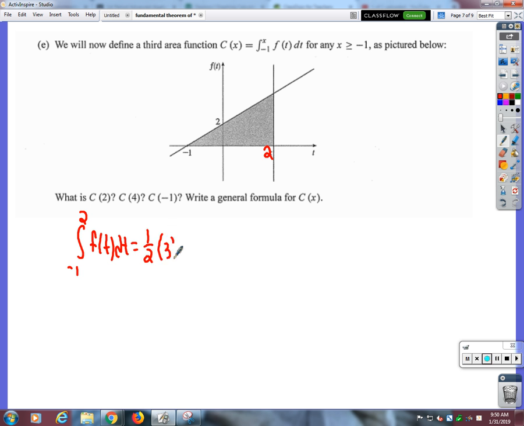Base, you guys just said, was 3. What's the height? This is the same line as we had before. This is still 2t plus 2. 6, because if I plug 2 into there, I get 6 as an answer. So half of 3 times 6 is 9.